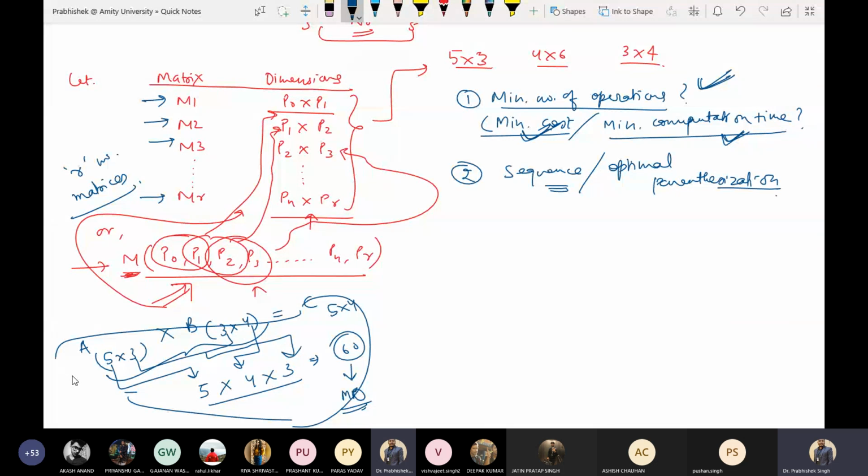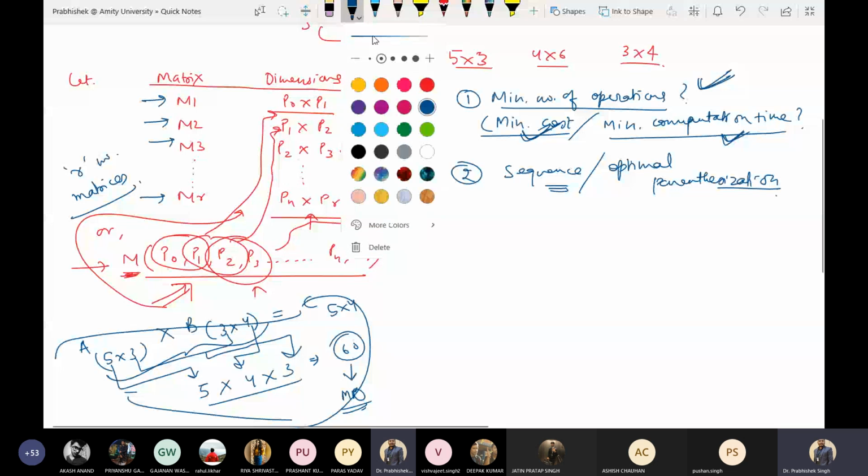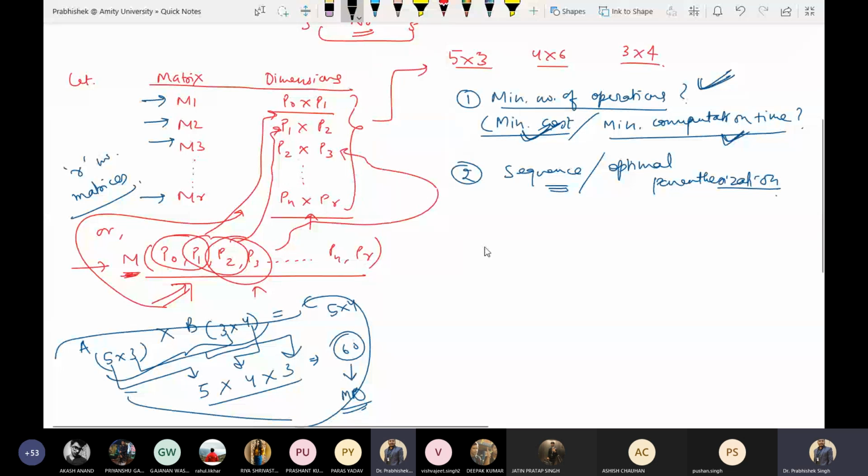I will give you a real example. Let's say there are 4 matrices: A1, A2, A3, and A4. The dimensions of these 4 matrices are 5 into 4, 4 into 6, 6 into 2, and 2 into 7.